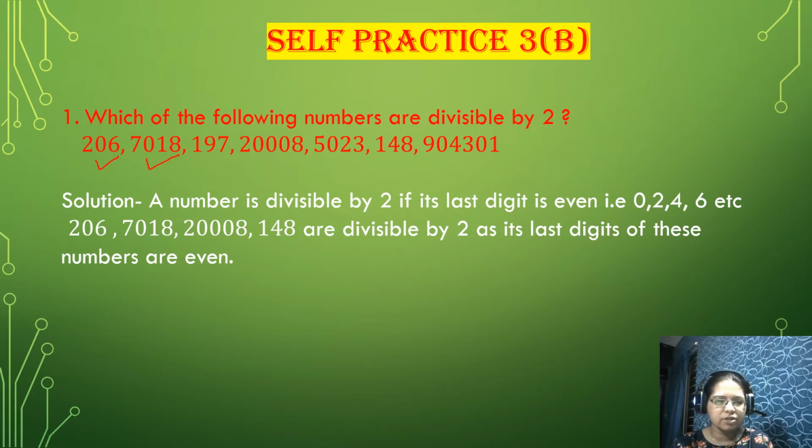Here the last digit of 7018 is 8. 8 is even, so 7018 is divisible by 2. 197. Here the last digit is 7. It is not even. So 197 is not divisible by 2.